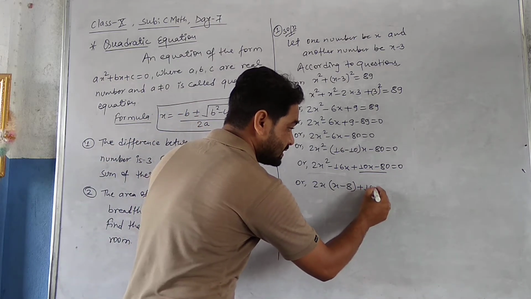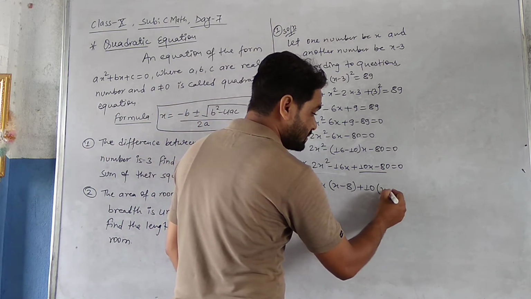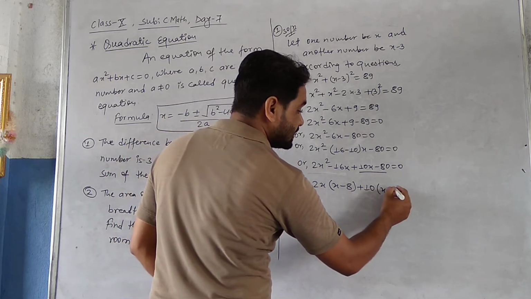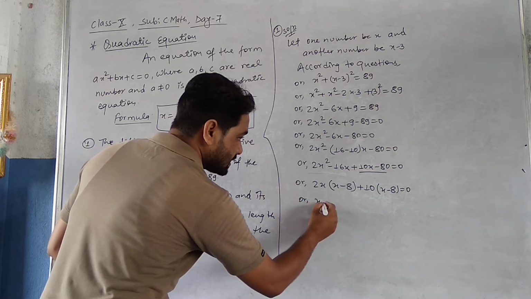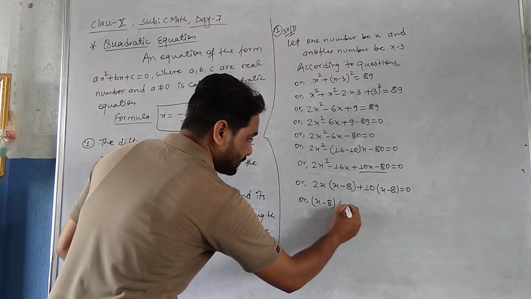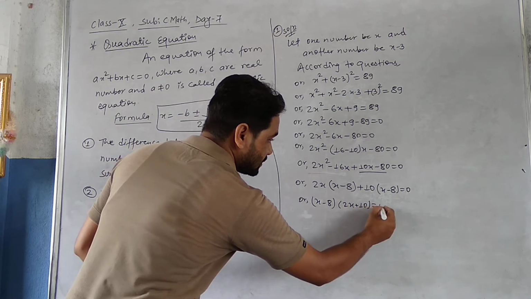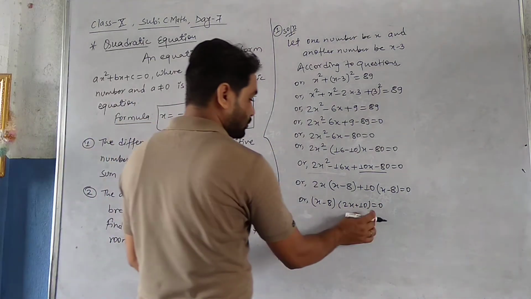We take out 10 as common, then x minus 80 divided by 10, we get 8, equals 0. So x minus 8 and remaining 2x plus 10 equals 0. And we get the two factors.